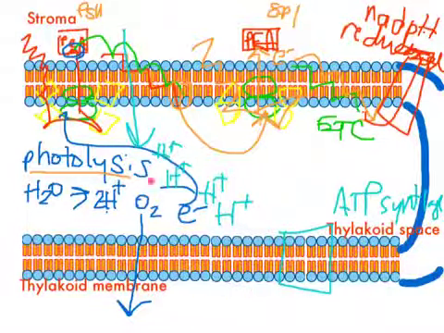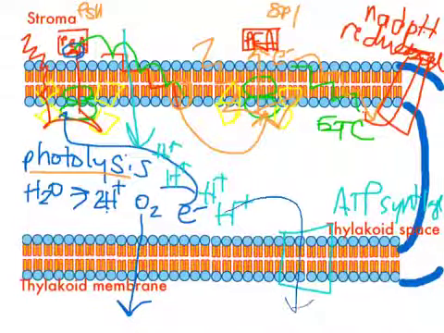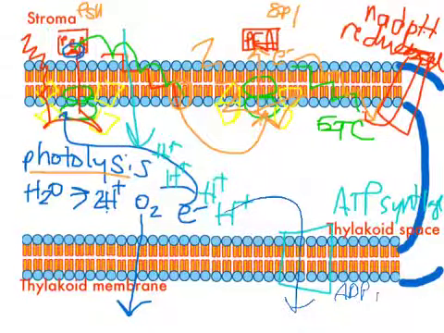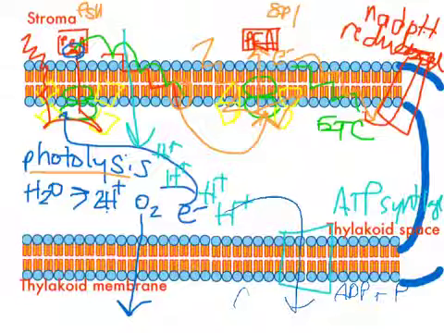So what's going to happen is this ATP synthase is going to give them a way to get out. So all of our hydrogen ions are going to flow through this molecule. When it does that, it's going to make ADP add a phosphate and become ATP. So in this system, we're going to make ATP and NADPH.